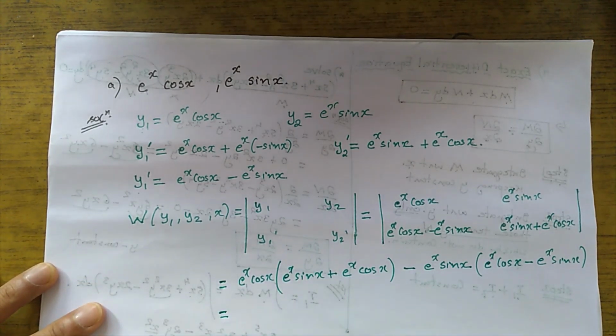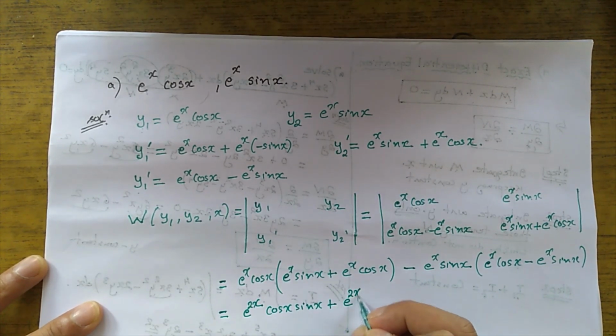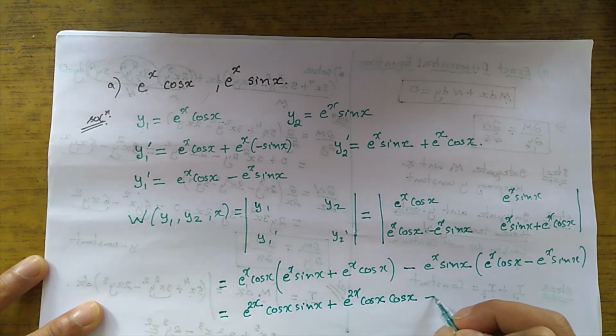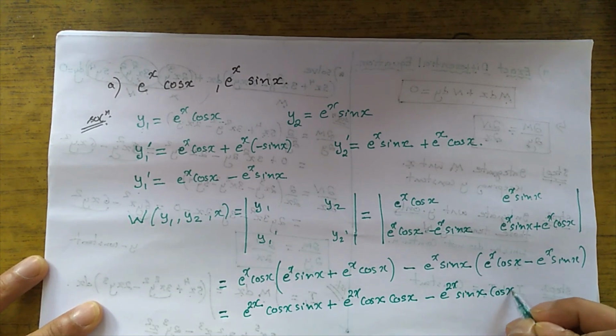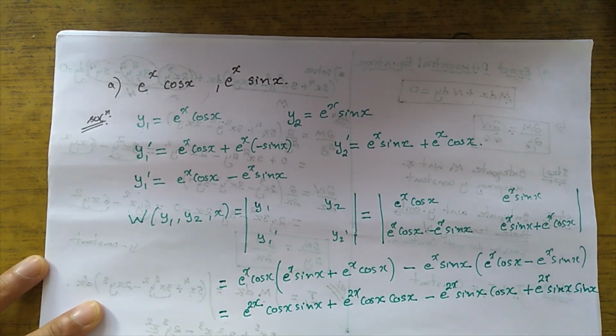If we multiply this way, it will be e to the 2x cos x sin x, plus e to the 2x cos x cos x, minus e to the 2x sin x cos x, plus e to the 2x sin x sin x.